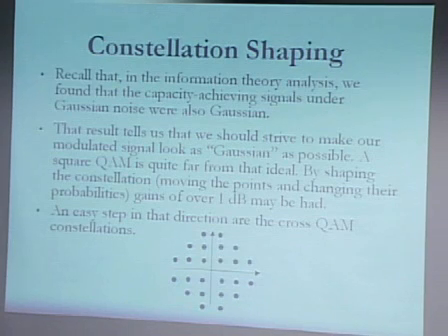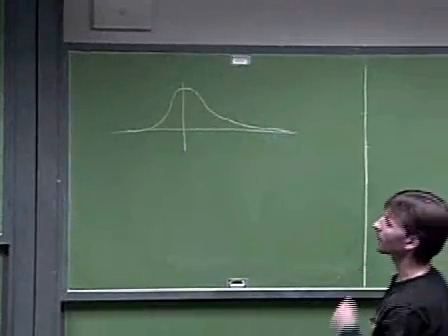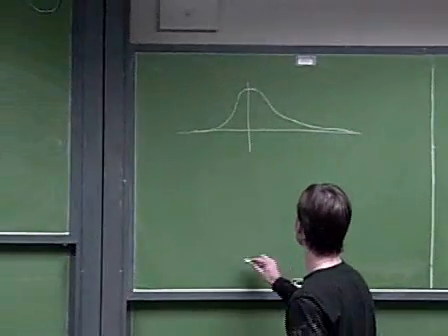Okay, let me draw a picture to help out here. Okay, so a one-dimensional Gaussian looks like this, right? Now, we have a plane, we have a two-dimensional signal.